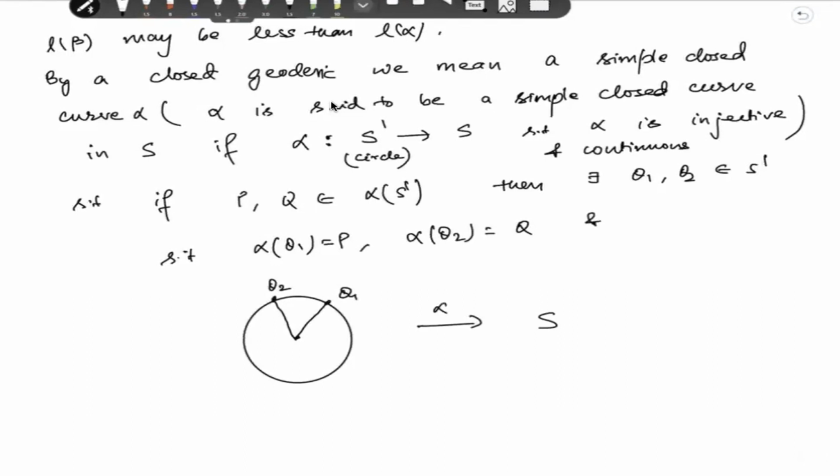Then alpha restricted to theta 1, theta 2 is a geodesic in S.